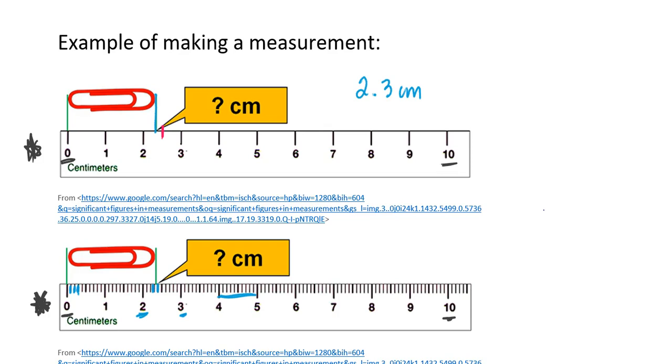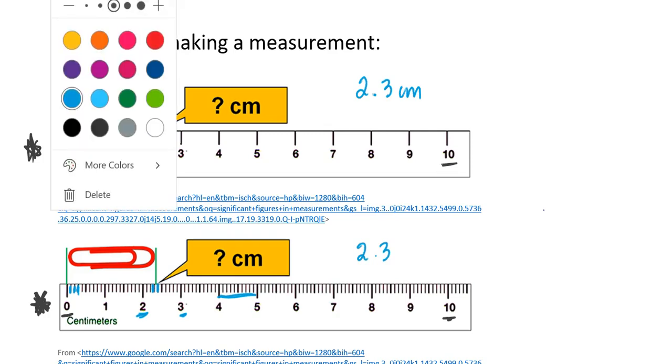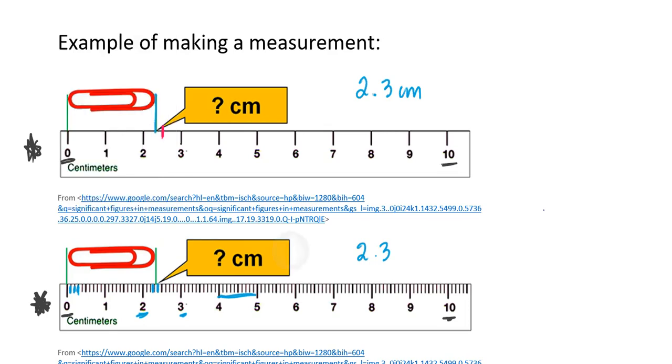So that would mean that this paper clip has a length of 2.3, but yet not exactly 2.3 centimeters, because if we take a look, the mark that represents the length of the paper clip here falls between the mark that represents 0.3 centimeters and 0.4 centimeters, between 2 and 3 centimeters. So that means it's 2.3 something.